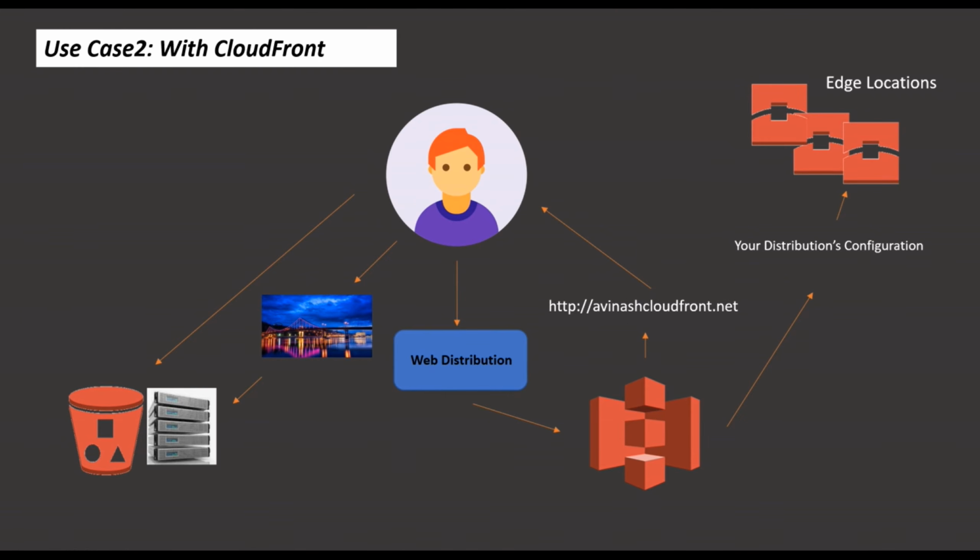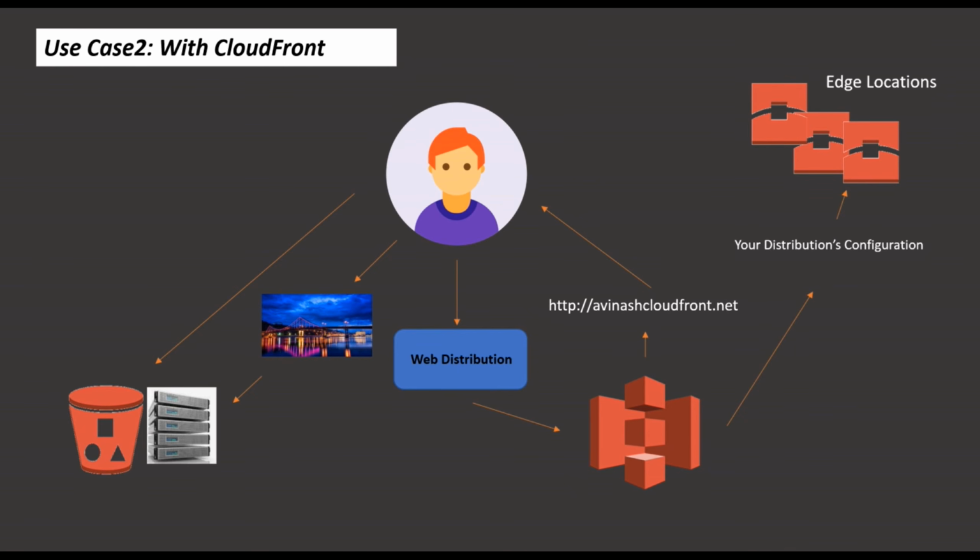So now let me summarize everything we have seen in the last 8 to 9 minutes. We have seen the definition of CloudFront, and we have understood what acceleration distribution is inside CloudFront. We have also understood static and dynamic websites. Finally, we have taken the example of two use cases.